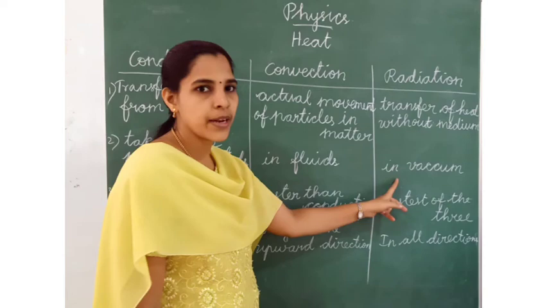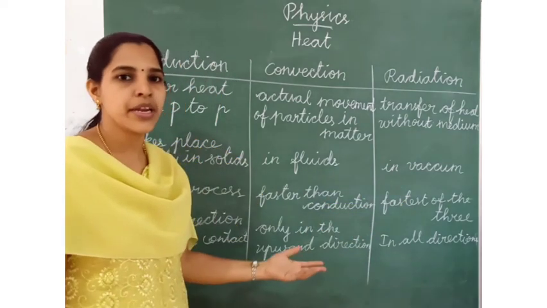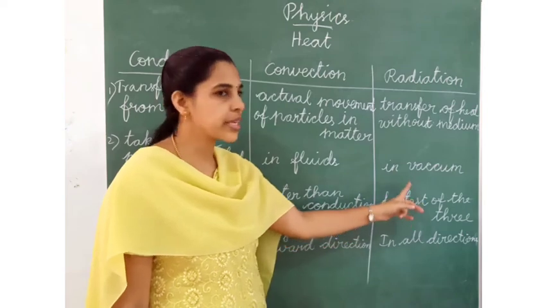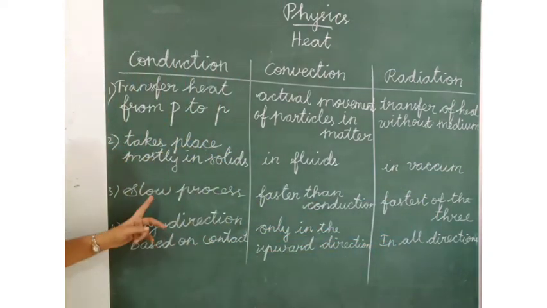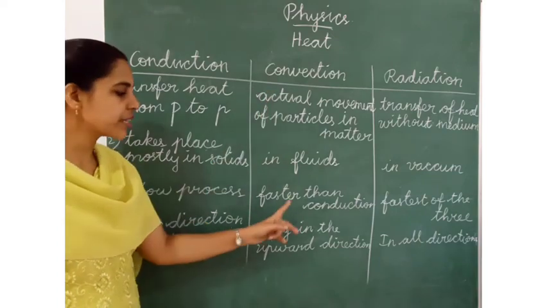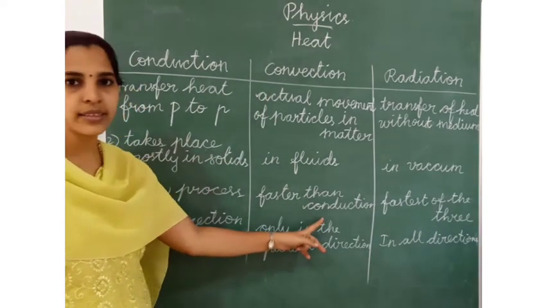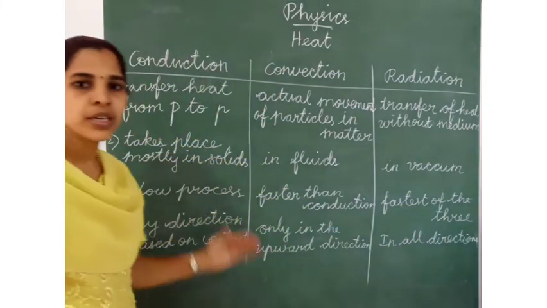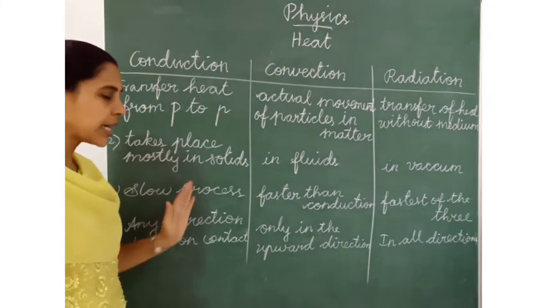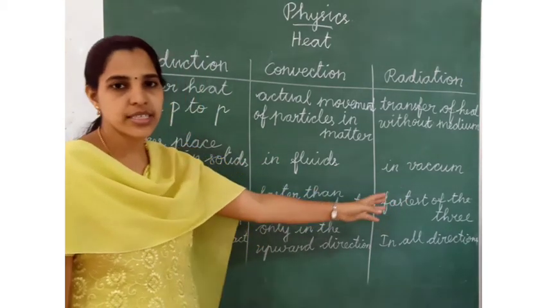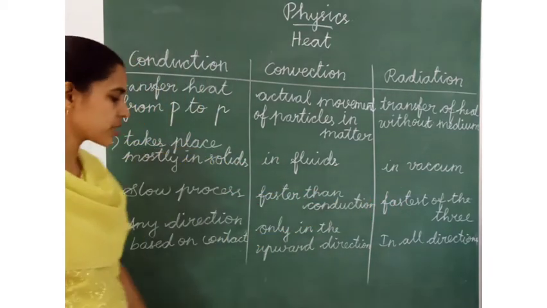In radiation, there is no medium, so it can take place in vacuum. Conduction is a slow process, convection is faster than conduction, and radiation is the fastest of the three.